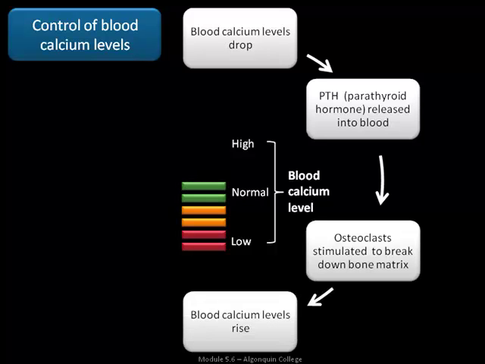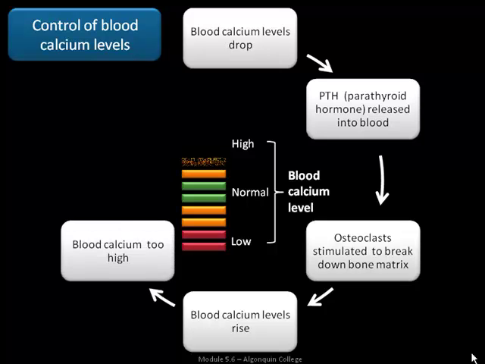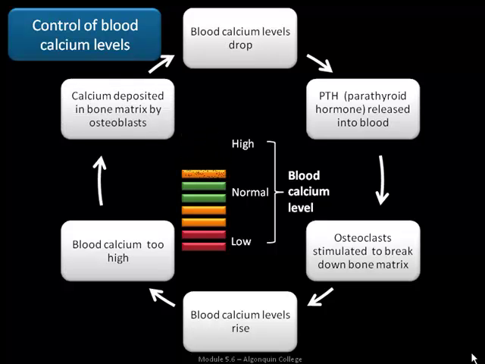Blood calcium levels then rise. When blood calcium levels become too high, calcium is deposited into the bone matrix by osteoblasts, thus lowering the calcium levels in the blood back to the normal range.